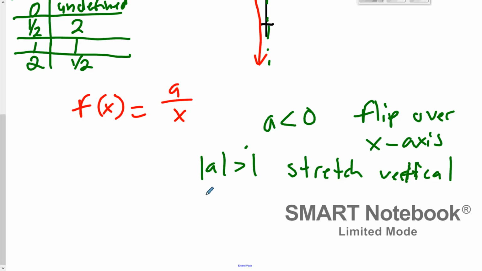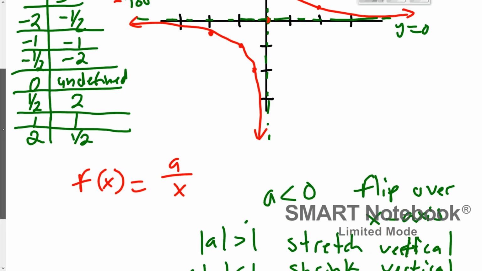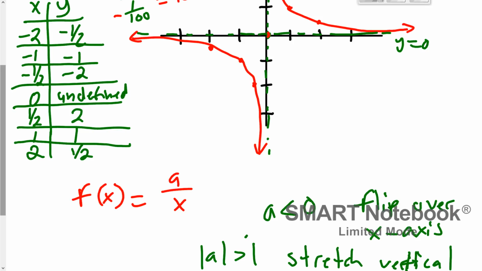And if the absolute value of a is between 0 and 1, then it's going to shrink vertically. Okay, so what that means is basically the closest point to the origin. So ours would be right here, this closest point and this closest point.